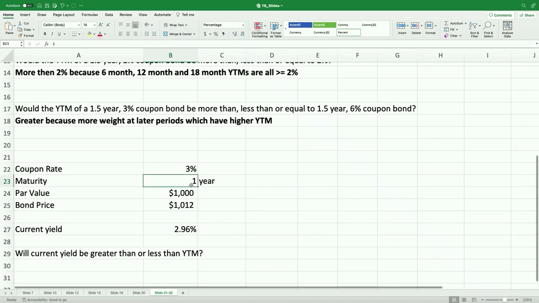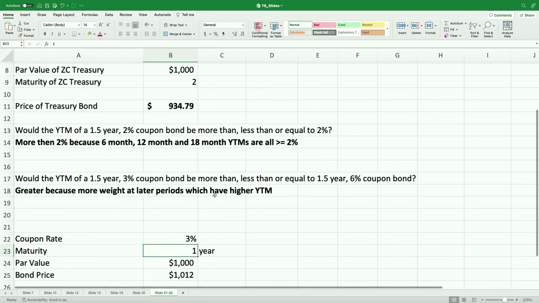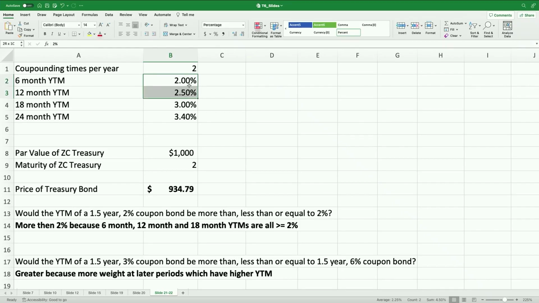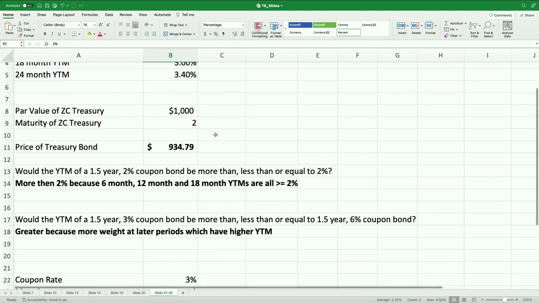Okay. This bond matures in 1 year. Let's go up and look at the yield to maturity of the 6-month Treasury strip and the 12-month Treasury strip. Do you see the 6-month Treasury strip is 2%, the 12-month is 2.5%. That means this bond's yield to maturity will be a weighted average of these two numbers.